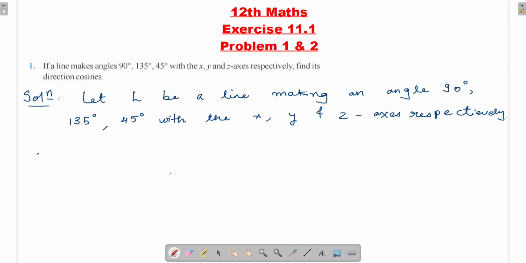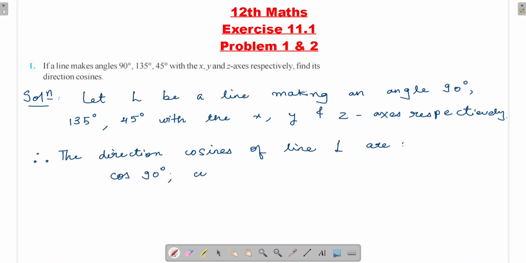Okay, so therefore the direction cosines of line L are cos 90 degree, cos 135 degree and cos 45 degree.